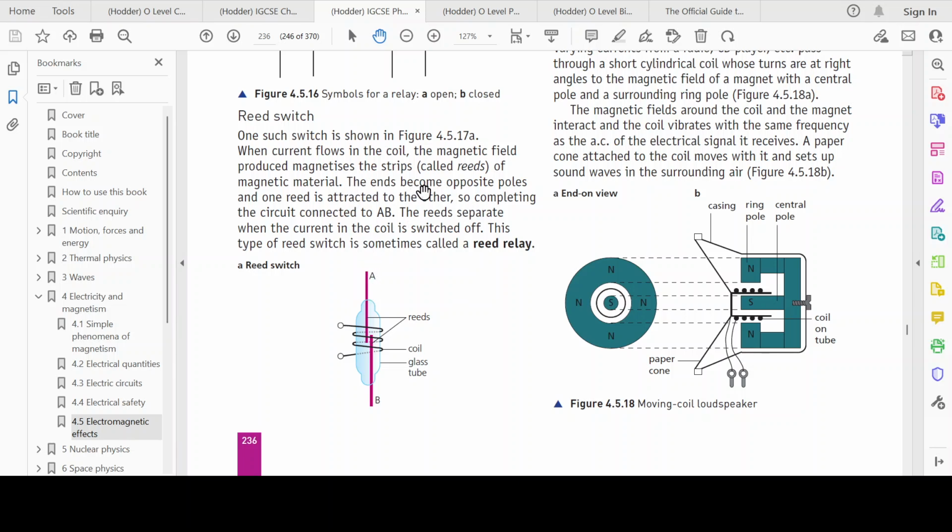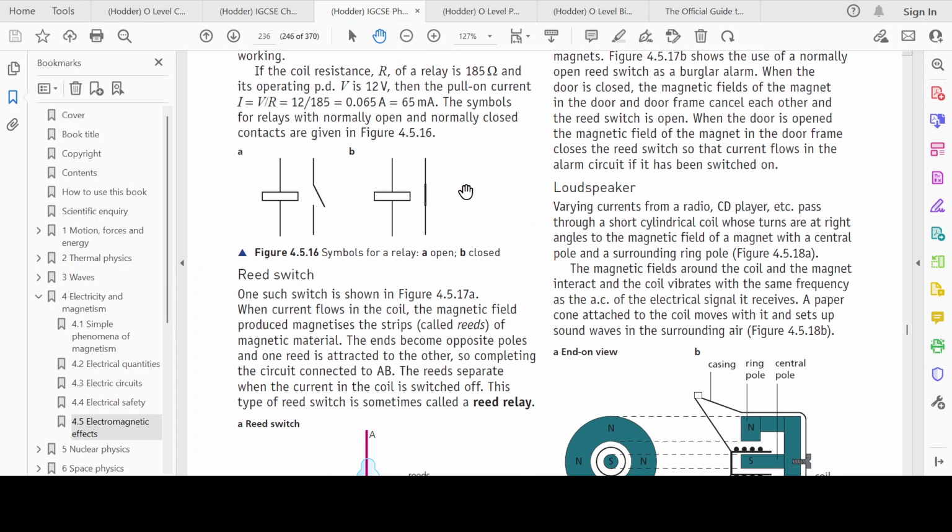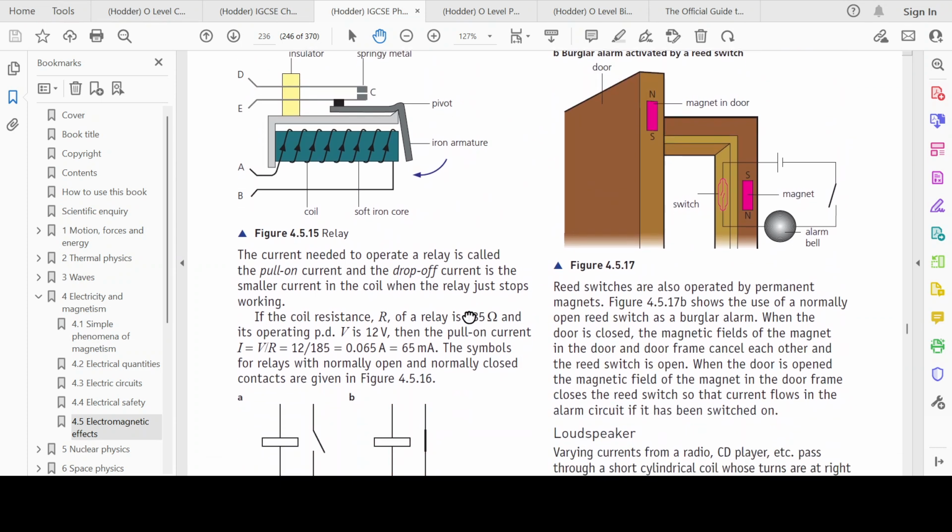So the ends become opposite poles and one reed is attracted to the other, so completing the circuit AB. So these guys join up. The reeds separate when the current in the coil is switched off. This type of reed switch is also sometimes called the reed relay. Okay, simple enough. How are they used?